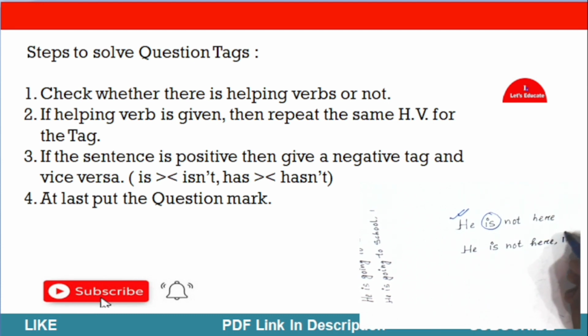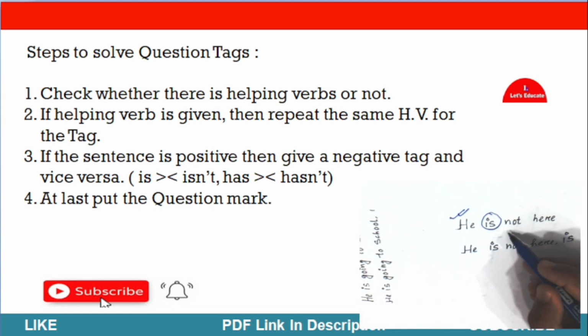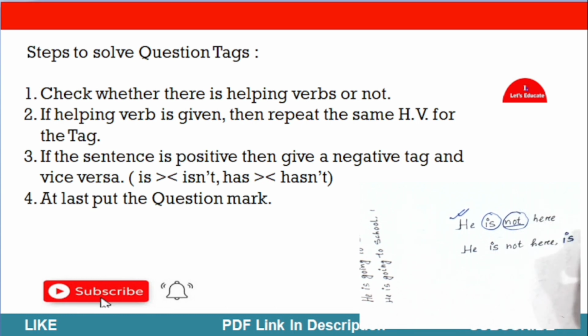Next part is whether the sentence is positive or negative. Here you see the sentence is negative. Not is negative. We should put one positive tag here. We cannot use isn't because there is already is not. Is not means isn't.